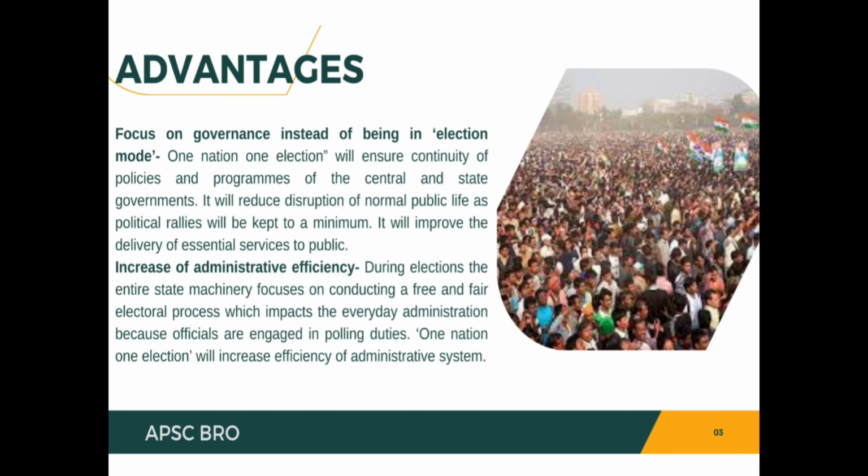Now if the ruling party is involved in the election every year in different states of the country, their focus is on the election, somehow or the other the resources and their attention gets diverted from the development of the nation. So simultaneous election will help us get those things out of the radar.